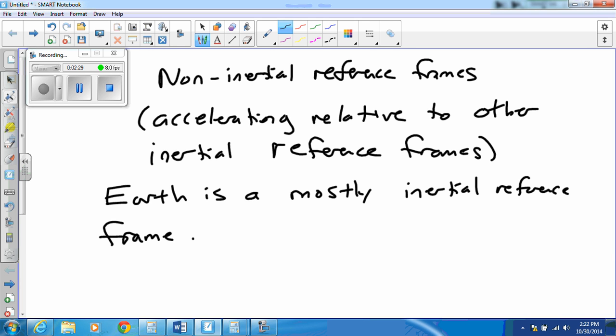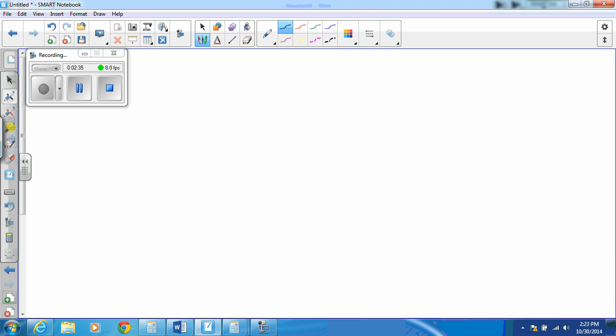So I want to spin out now two scenarios in which we have some non-inertial reference frames. And this first scenario is an elevator. So here's my elevator. And here am I in the elevator. Okay?